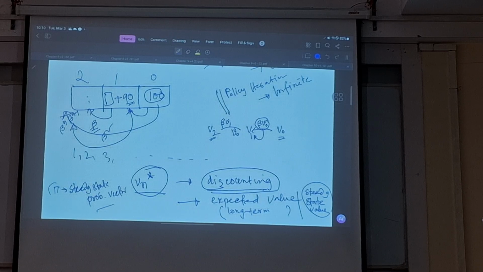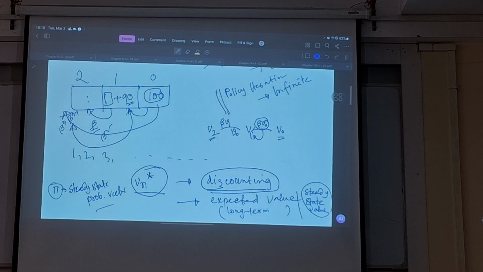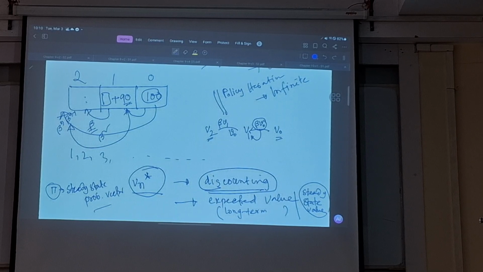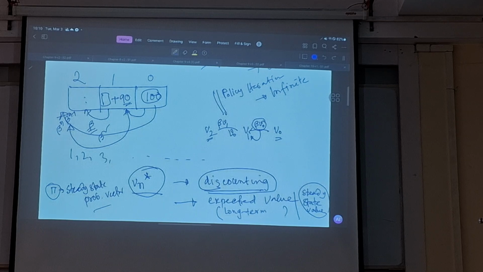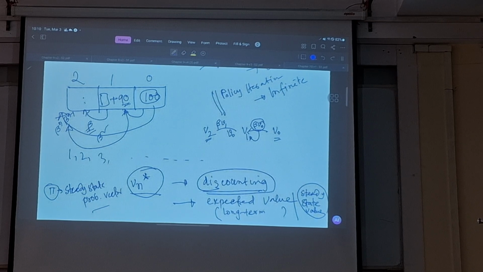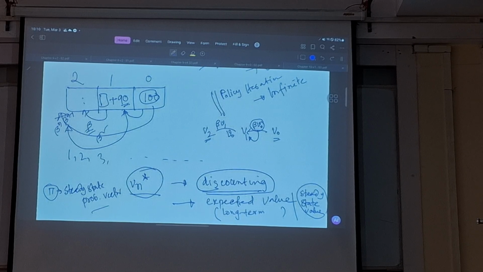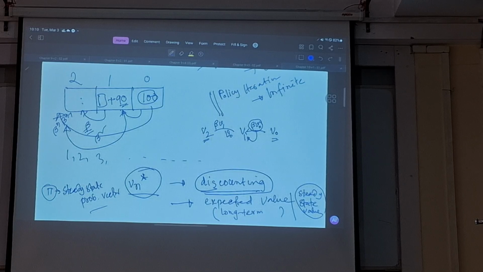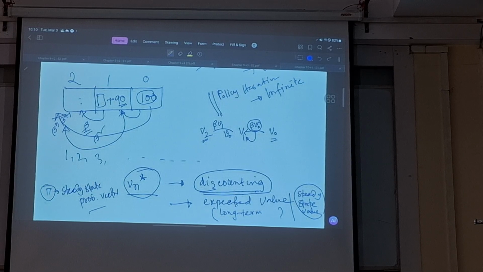This steady state probability can be calculated for a Markov chain, and it gives us two things: the long-term fraction of time the chain will visit a particular state, and the fraction of time the chain will be in a particular state.